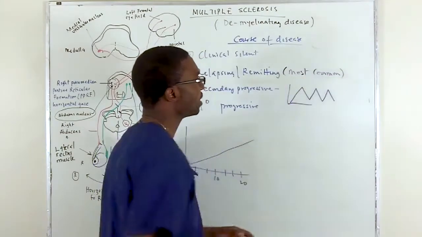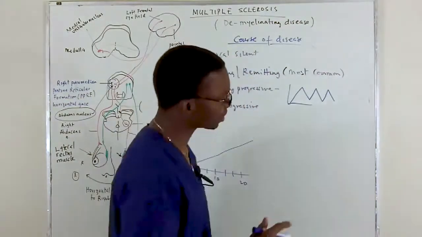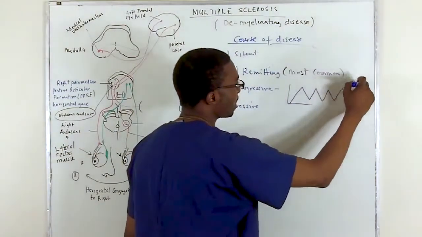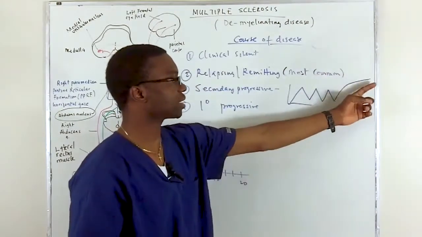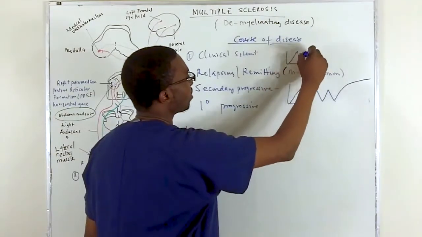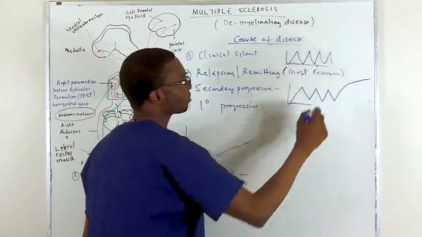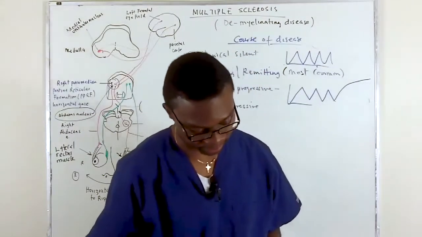And that secondary progressive disease eventually starts to get worse over the years, and then they don't remit anymore. They go up, down, and then they progressively get worse. And relapsing remitting is they go up, down, up, down. And the first one is silent or benign.